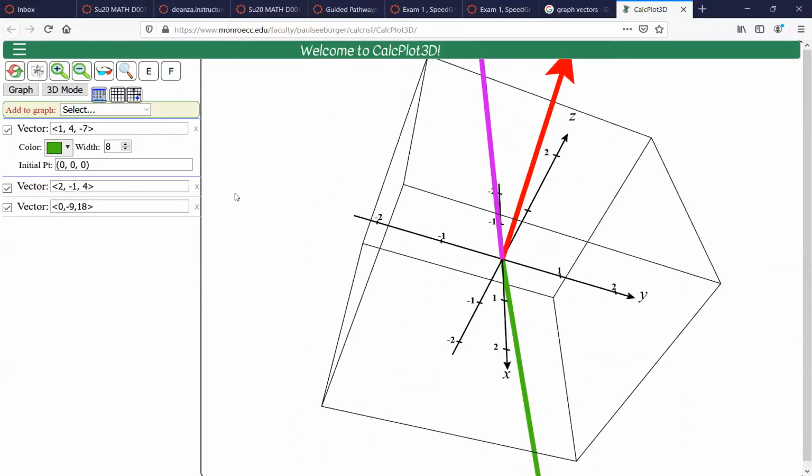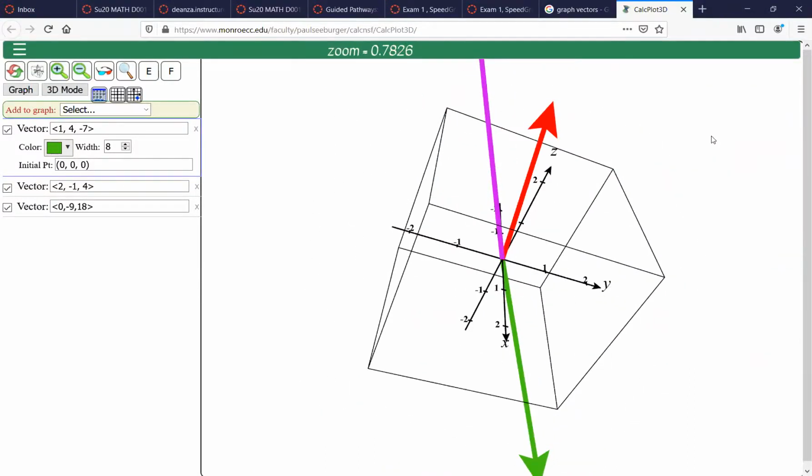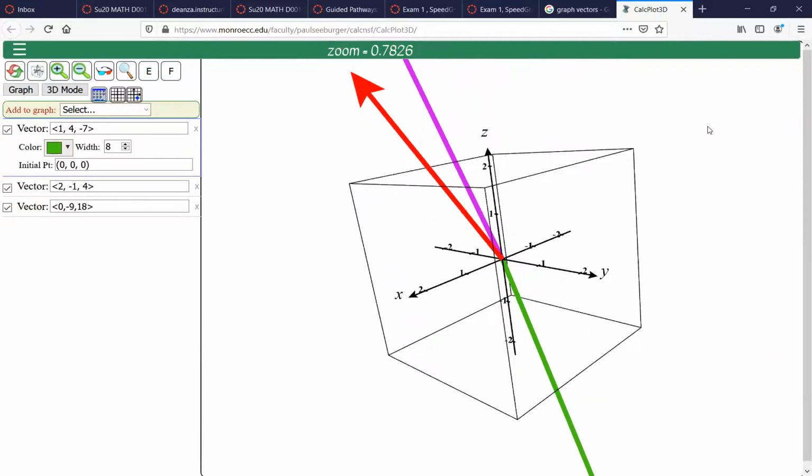X, Y, Z. As you can see, there is no three-dimensional object formed by these three vectors. So you expect to get a zero volume. That's the reason behind it.